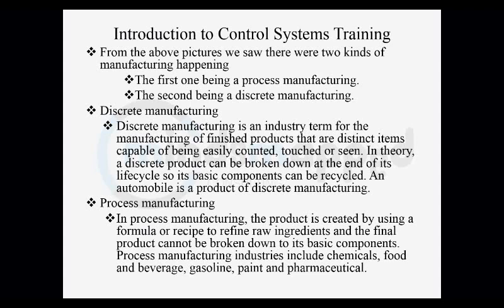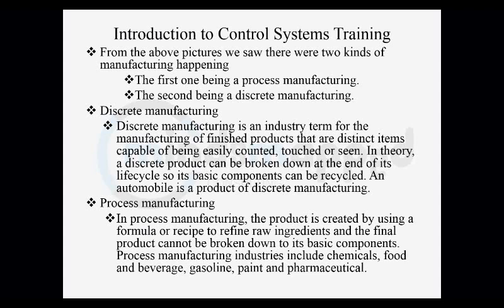So discrete manufacture is an industry term for the manufacturing of finished products that are distinct items capable of being easily counted, touched, or seen. In theory, a discrete product can be broken down at the end of its life cycle. So its basic components can be recycled. An automobile is a product of discrete manufacturing. So this is the same example that I just used, right?